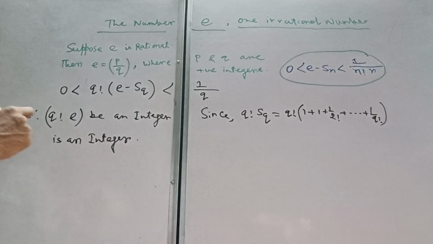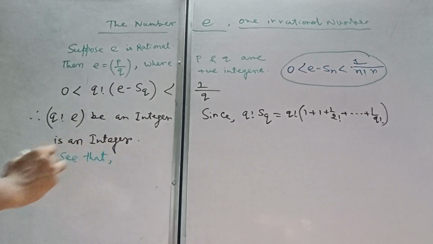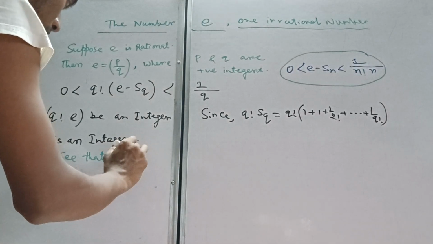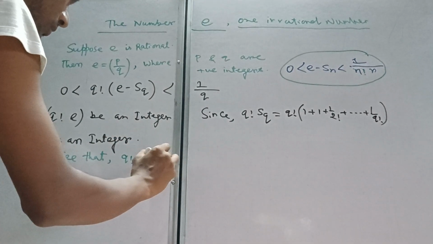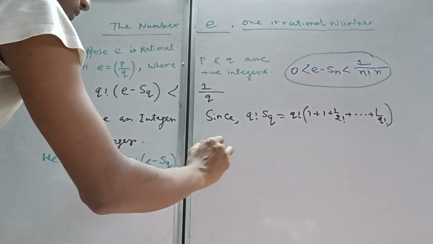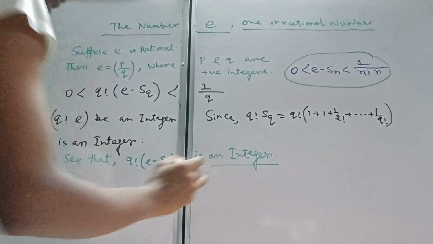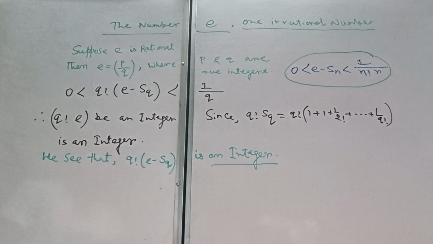Then what happened? Then we see that q factorial times (e minus Sq) is an integer. But we also know that q is obviously greater than 1.